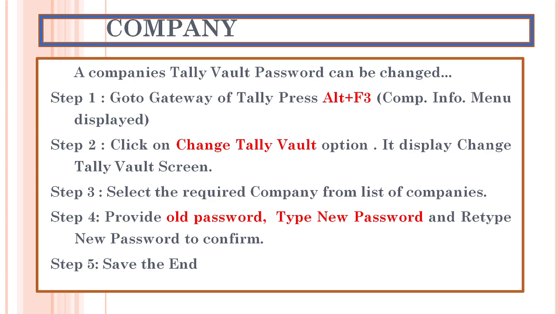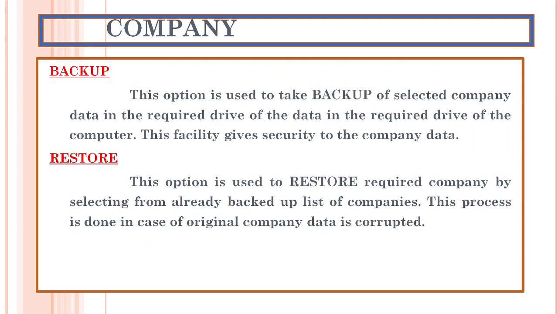Automatically all the company information will be displayed on the screen. There you provide the old password. First give the previous password that you had given. After that you can give the new password. Again the new password will be confirmed. Then save it. This is changing a Tally password.